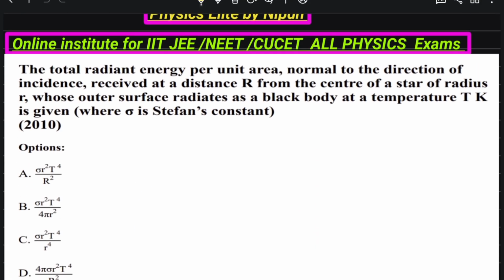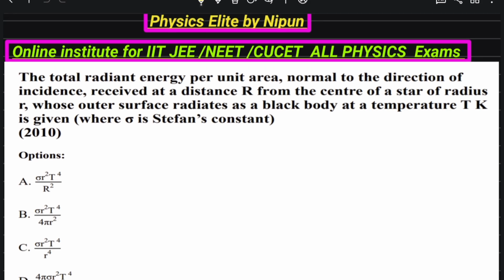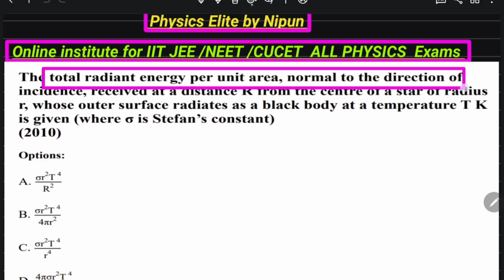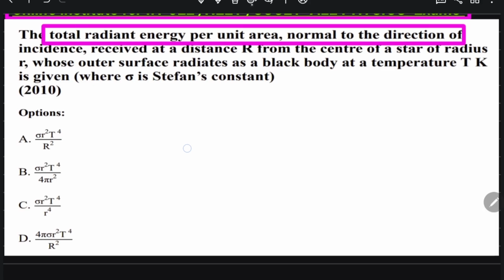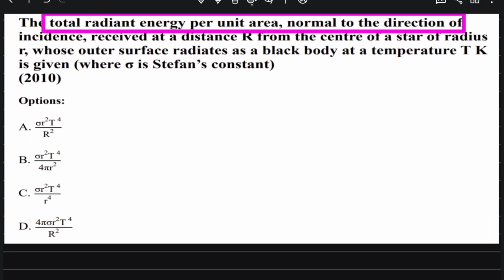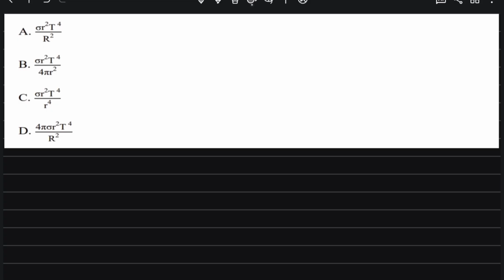This question is saying: the total radiant energy per unit area normal to the direction of incidence, received at a distance r from the center of a star of radius R whose outer surface acts as a black body at a temperature of T Kelvin, is given by... We know that according to Stefan-Boltzmann law, power is equal to sigma A T to the power 4.